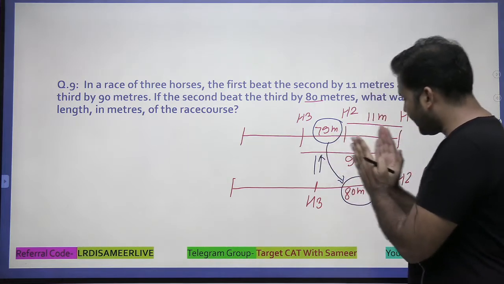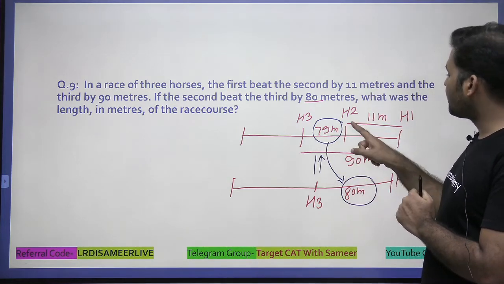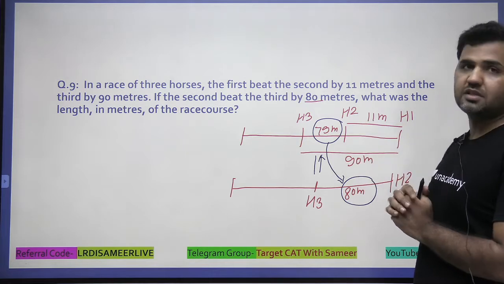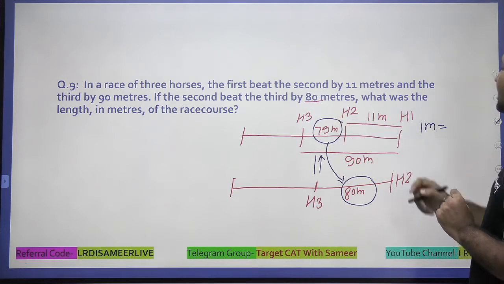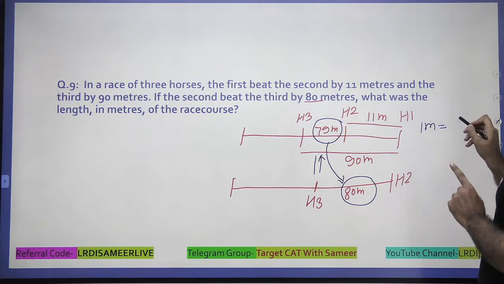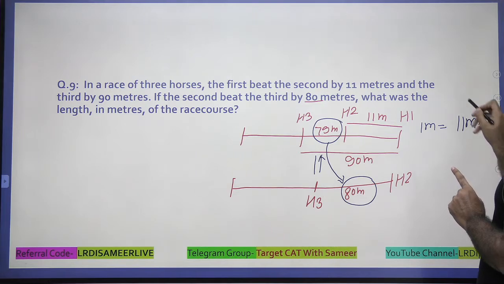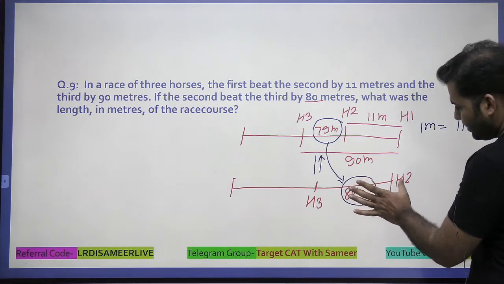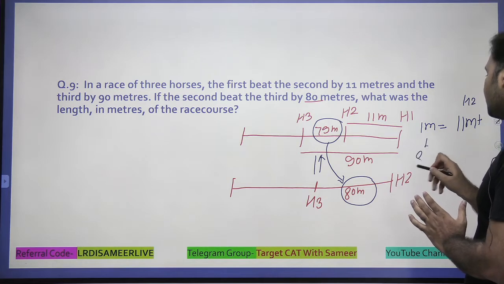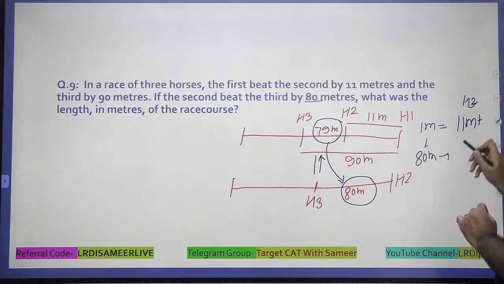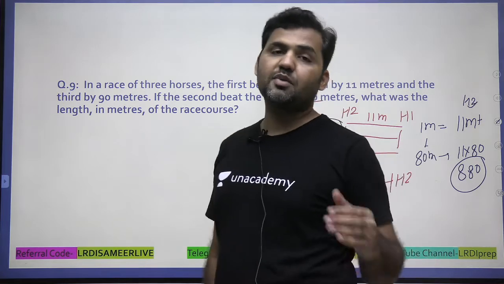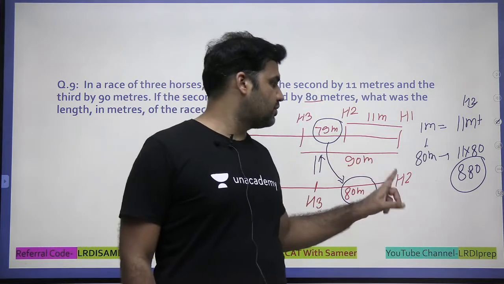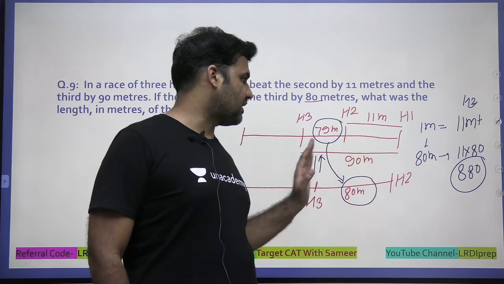And to increase this distance by 1 meter, horse 2 has to run 11 meter. Now if I want the distance between horse 2 and horse 3 to be 80 meter, horse 2 needs to run a distance of 11 into 80. That's it. This is the correct answer. The length of the whole race is 880, because to finish the race, horse 2 is supposed to travel 880 meter. That's the correct answer.